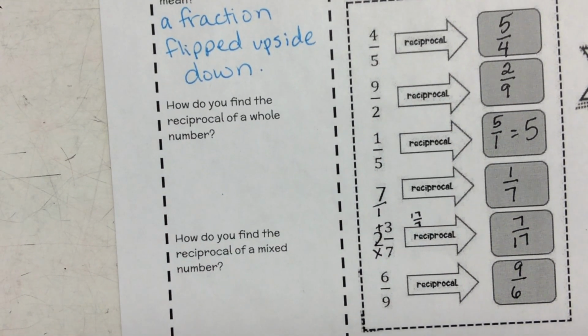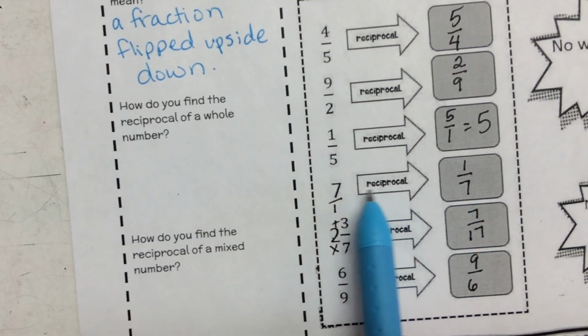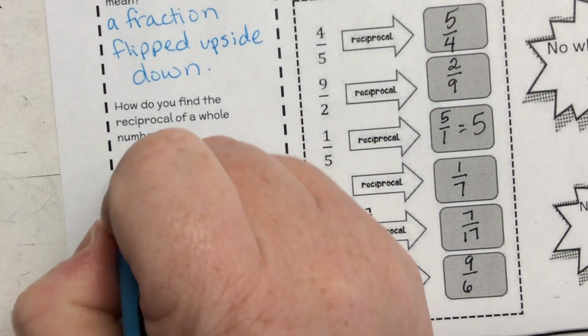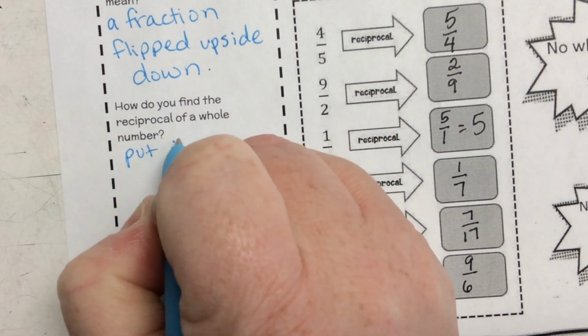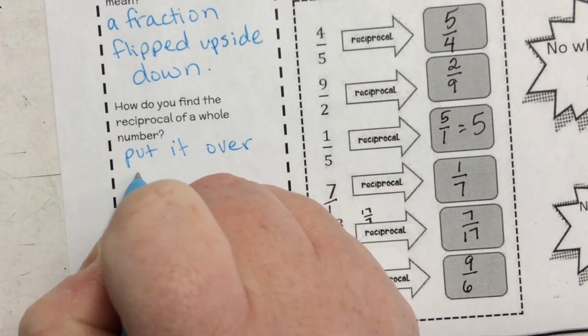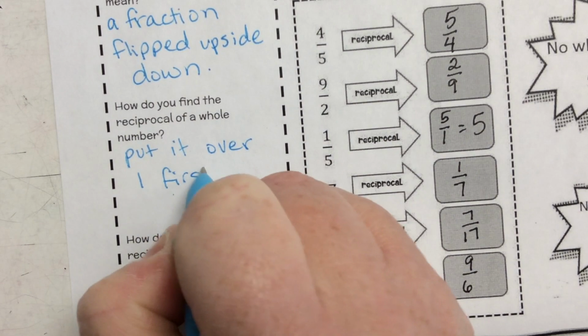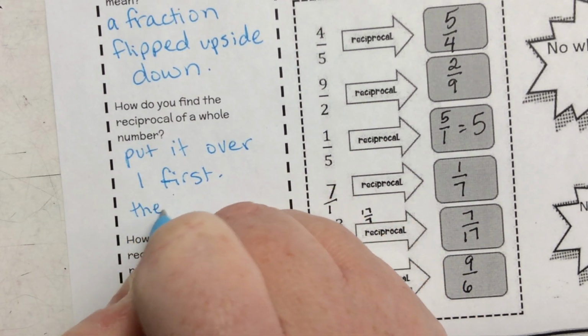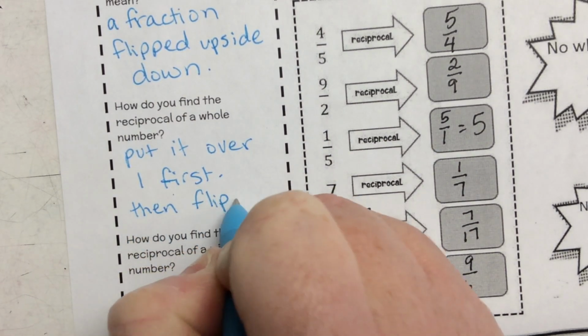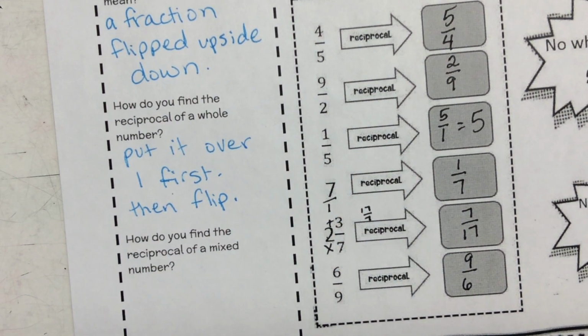How do you find the reciprocal of a whole number? Well, that was just like that 7 right there. I have to put it over 1 first, then flip, okay? Put it over 1 first and then flip it.